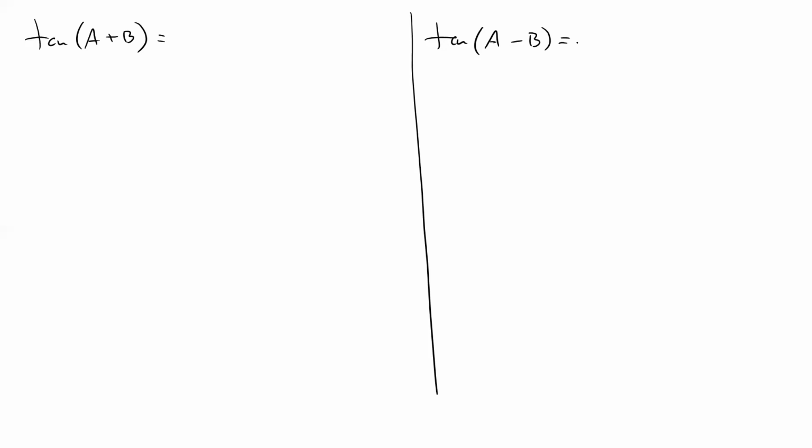Cosine of a plus b is cosine A cosine B minus sine A sine B. Okay, and now we need to somehow simplify.